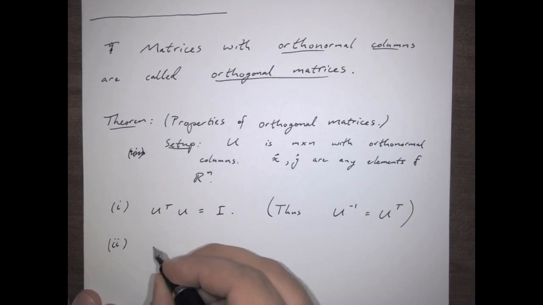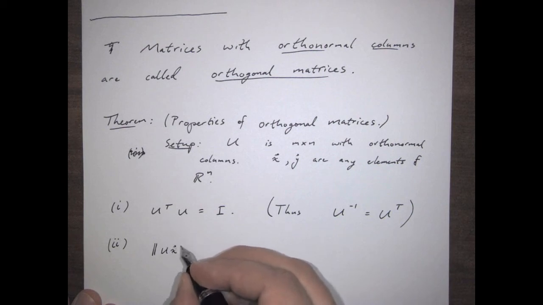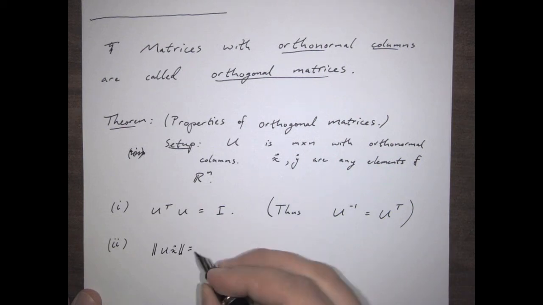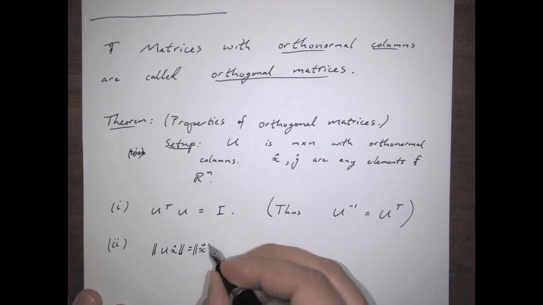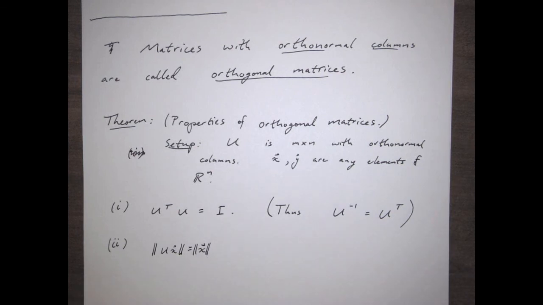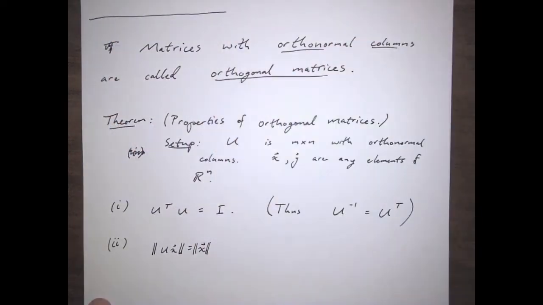Now here's another property. We take the magnitude of U times vector x. That produces just the magnitude of vector x. In other words, U does not change the magnitude of x. That's one of the effects of having the normalization.